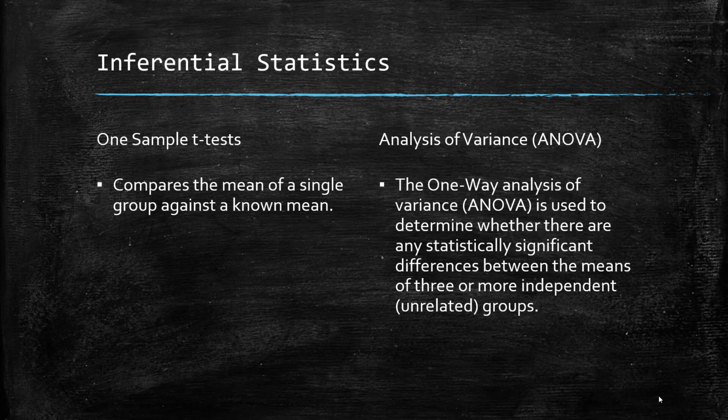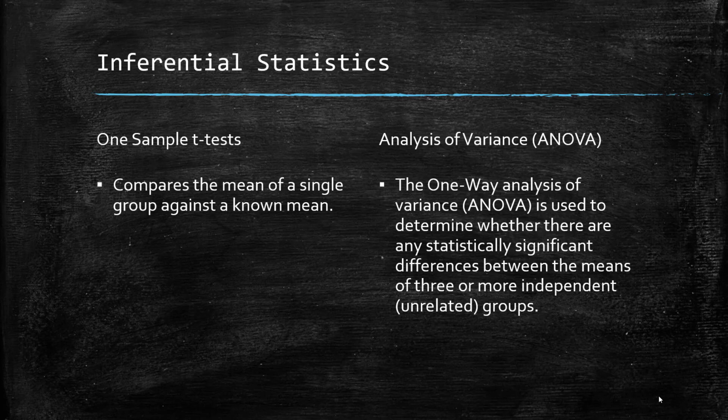The other test that we will be working with is analysis of variance. The one-way analysis of variance is what we work with in this class, and it's used to determine whether there are statistically significant differences between the means of three or more independent, unrelated groups. So if I wanted to look at work-life balance and see if there's a difference between administrators, drivers, and cooks, I want to look at the difference between those three instead of just two of them.